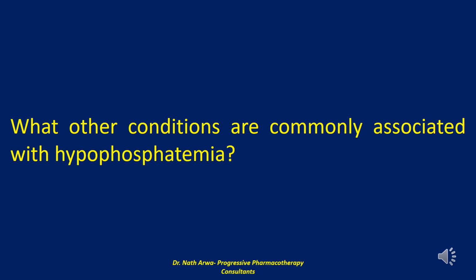Diabetic ketoacidosis, chronic alcoholism, chronic obstructive airway disease, and extensive thermal burns are other conditions commonly associated with hypophosphatemia. They are characterized by a combination of factors that result in phosphate loss and intracellular phosphate use.